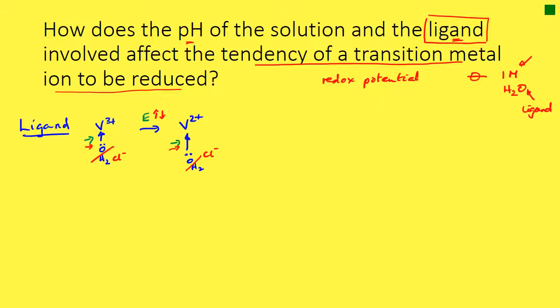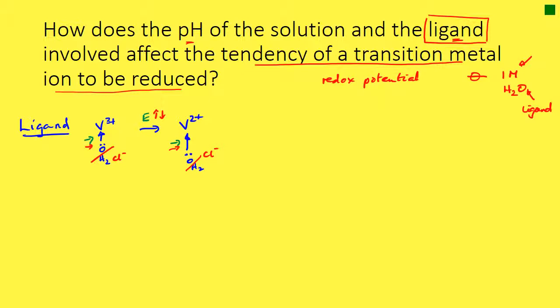So that's all we're saying. It's quite simple. We're just saying that the redox potential, which is the inclination of V3+, in this case, to go to V2+, might be different from the electrode potential if the ligand is not water. It could be higher, it could be lower. That's all you need to really understand about that.